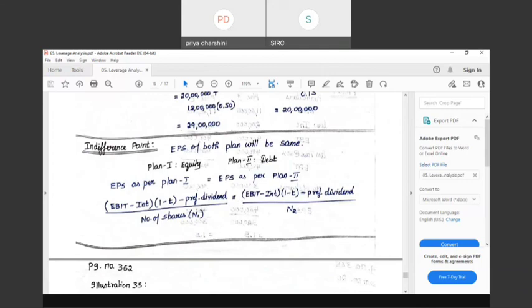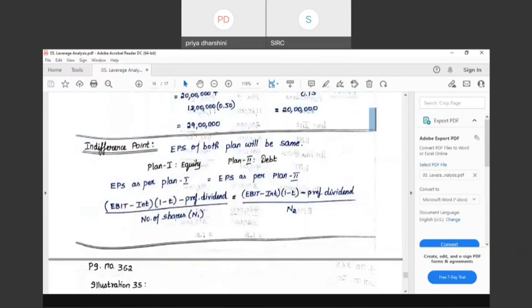Divide by number of shares will give you the earnings per share. It is the same income statement, which they have represented horizontally instead of a vertical income statement. What is happening here? EBIT minus interest will give you earnings before tax. Into 1 minus T will give you earnings after tax. Minus preference dividend will give you earnings available to equity shareholders.